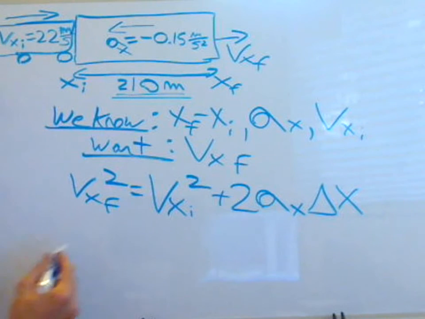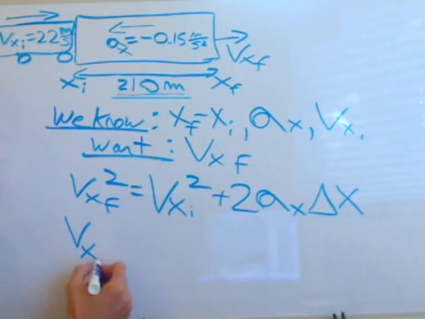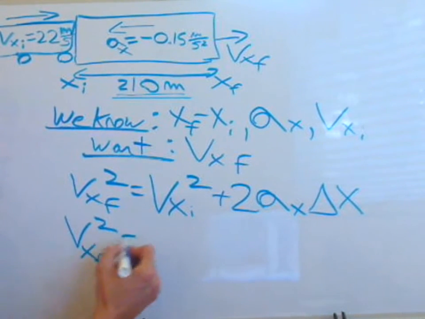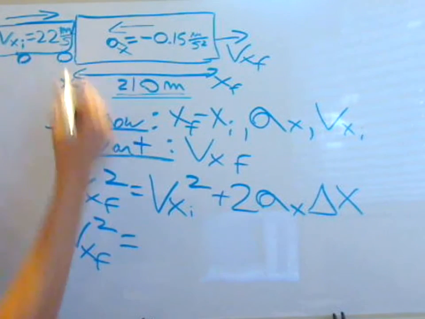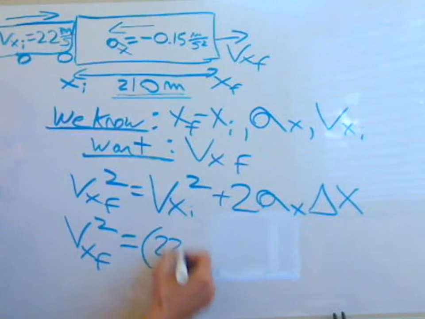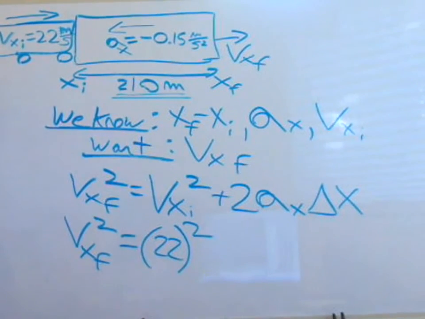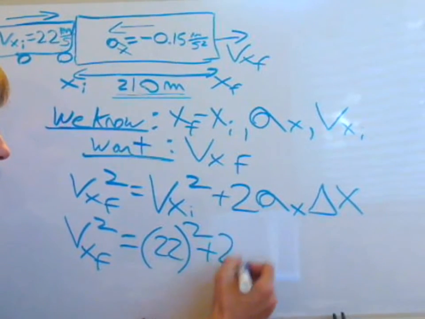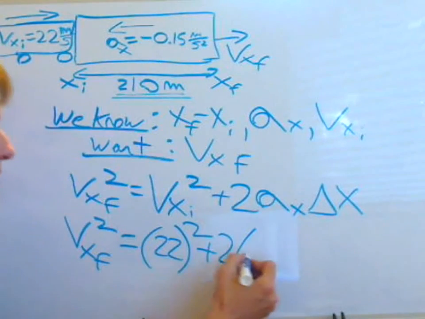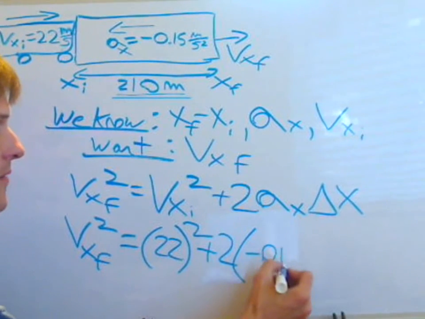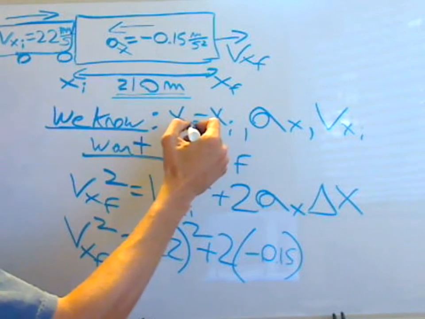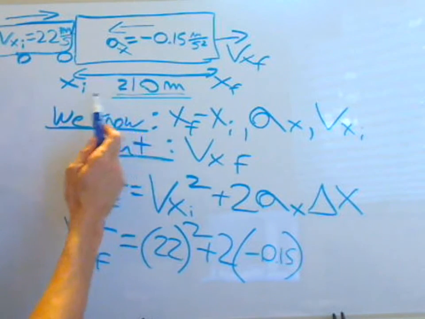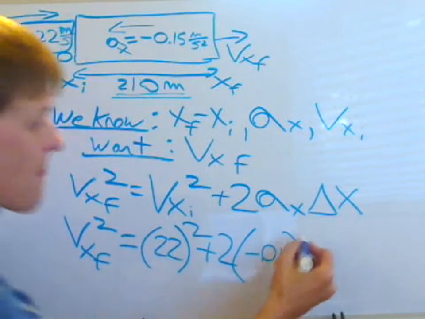And when we do that, we see that Vx final squared, that's what we're trying to solve, equals V initial squared, which is 22, plus 2 times the acceleration. Acceleration is negative 0.15, times the displacement, which is 210 meters.